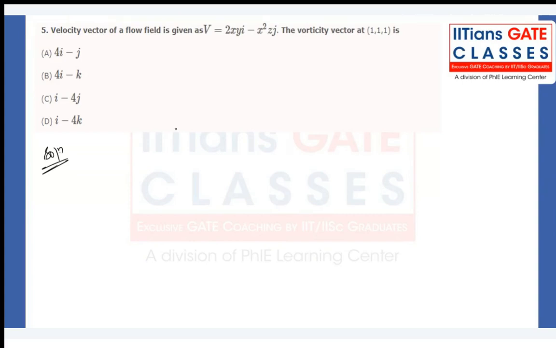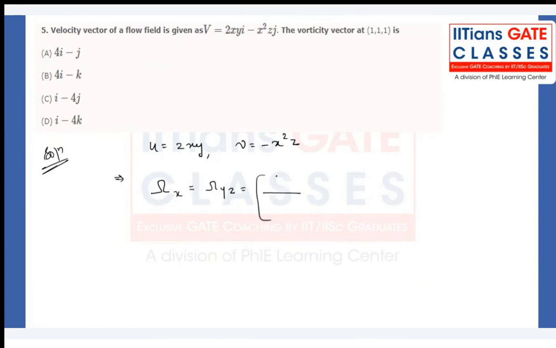Now, they have given the velocity field u as 2xy, v as x square z, and they are asking what is the velocity vector at 1, 1, 1, 1. Correct. So here, when you write the vorticity about x, what is it about yz?